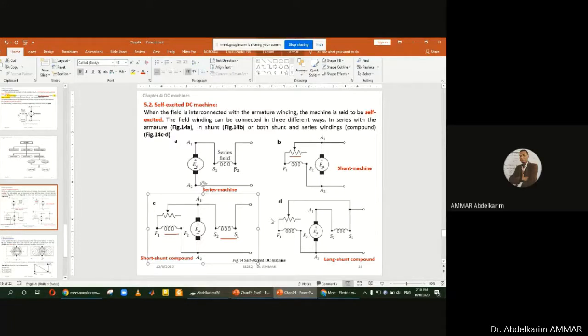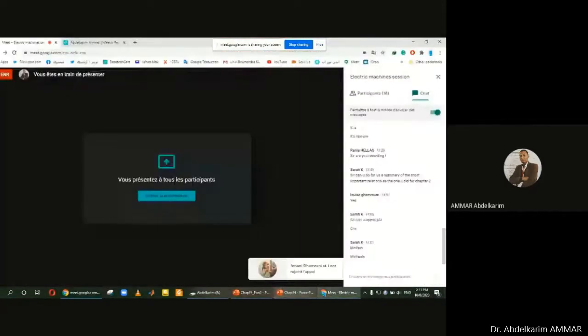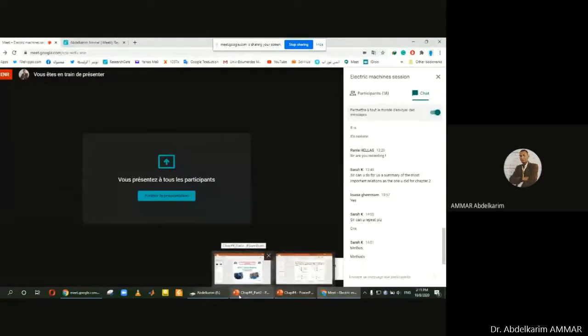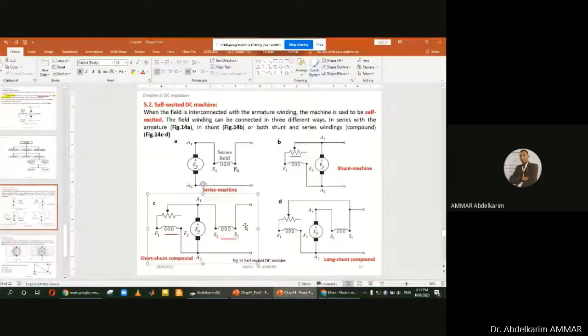Each type of configuration has, of course, advantages and disadvantages. We are not going to go into them in depth, but just to give you an example, one of the most important applications of DC machines in real life is the railway and tramway.